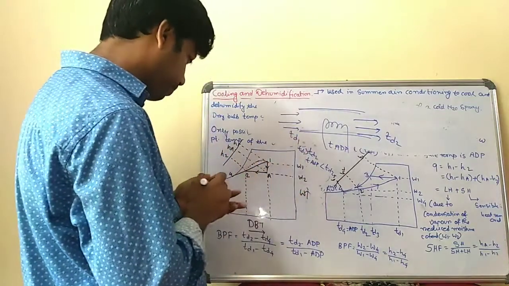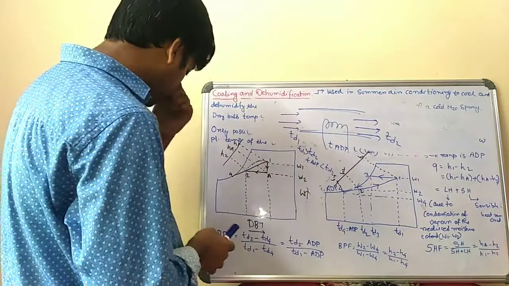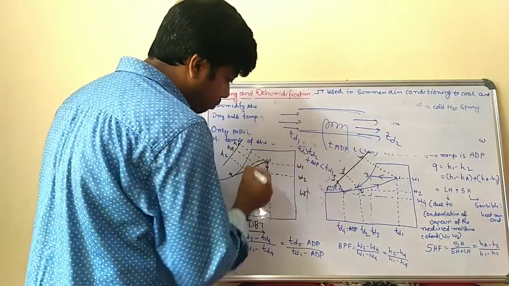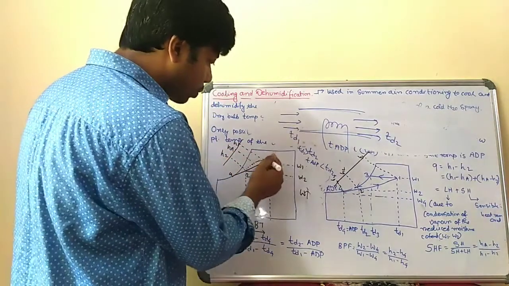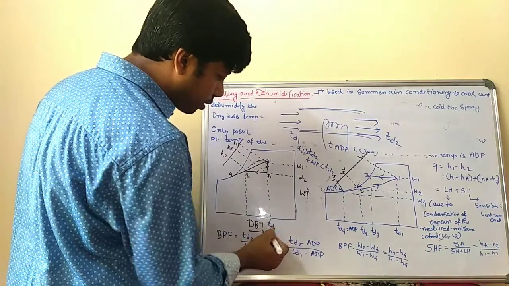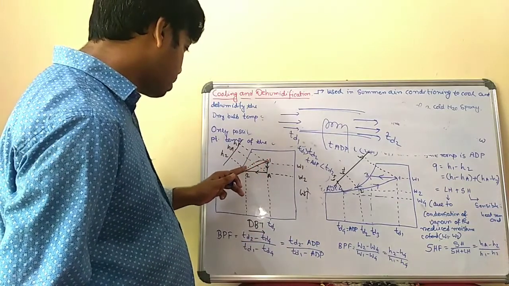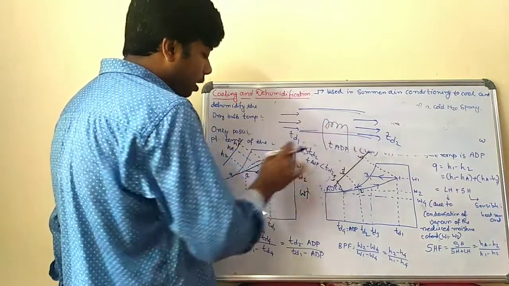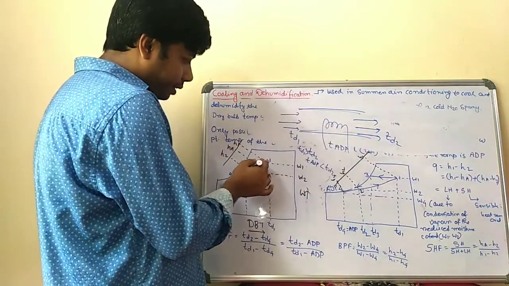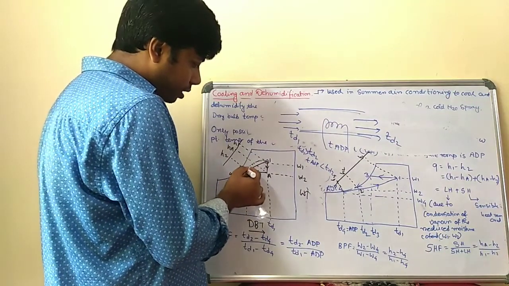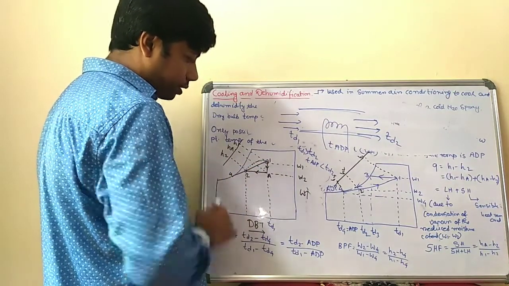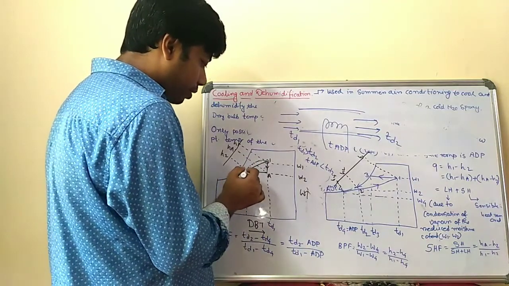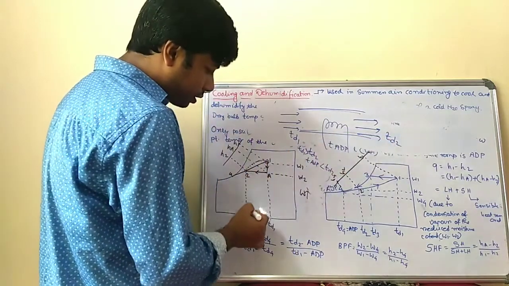So it should follow. Now in this process, what happens? When the air enters through this particular channel, at this point, that is point 1, the corresponding dry bulb temperature is TD1, right? Now when the air passes through a particular cooling coil, this is a cooling coil, the process shows that it reached that particular point here, corresponding to the dry bulb temperature TD2.